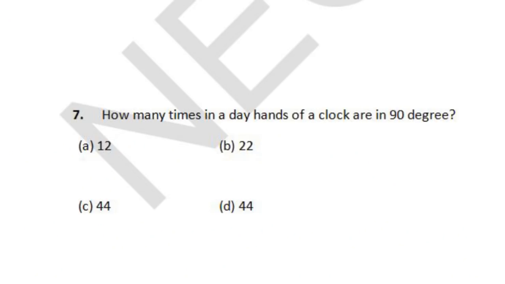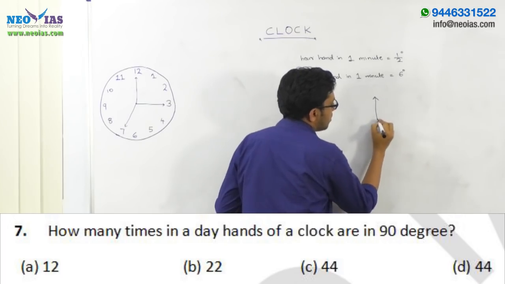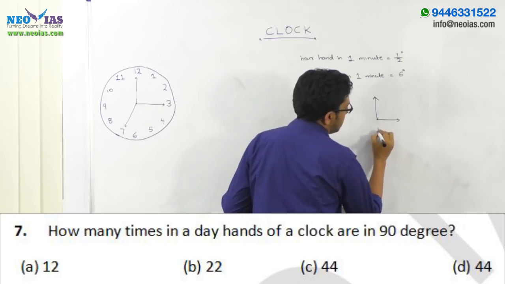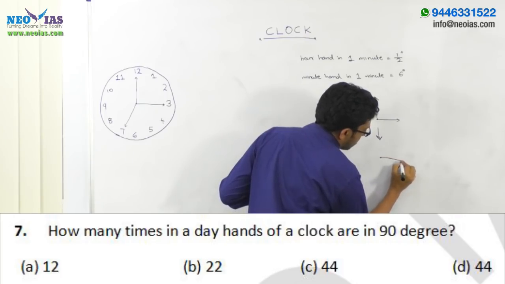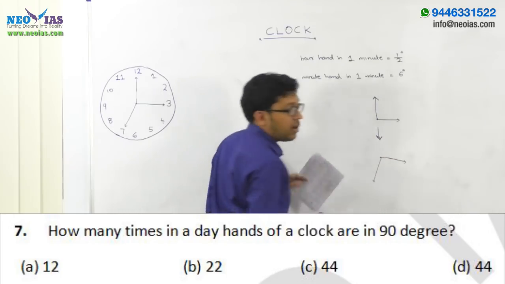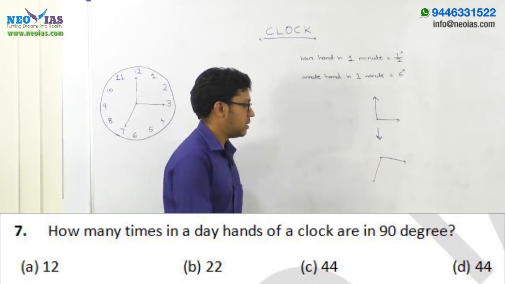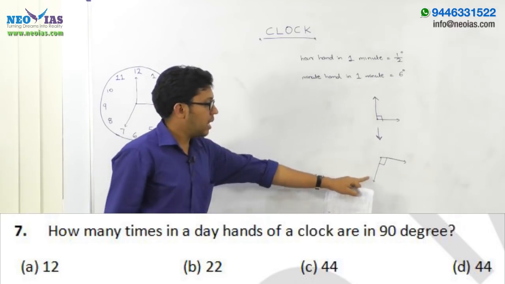Next question: how many times in a day are the hands of a clock at 90 degrees? At 3 o'clock the hands of a clock are at 90 degrees, we know that. After that, at roughly 3:35, we again get 90 degrees.